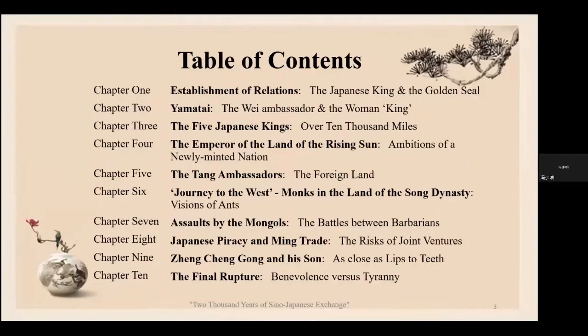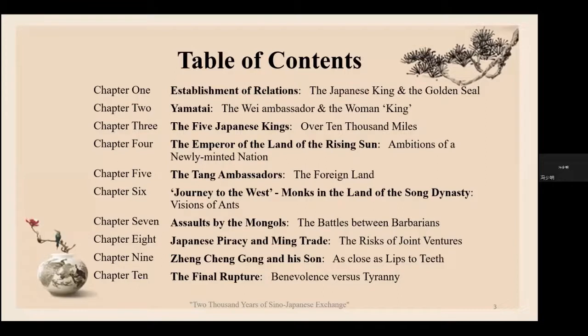So this book has all in all 10 chapters, and because it was originally written in Japanese, and then I read the Chinese version, it is a little bit of a difficulty for me to translate everything into English, but I try my best.